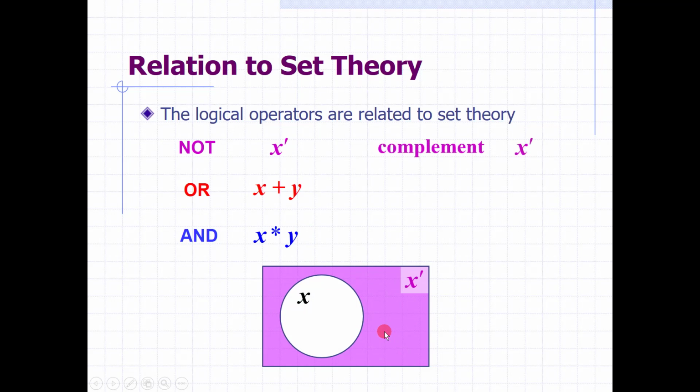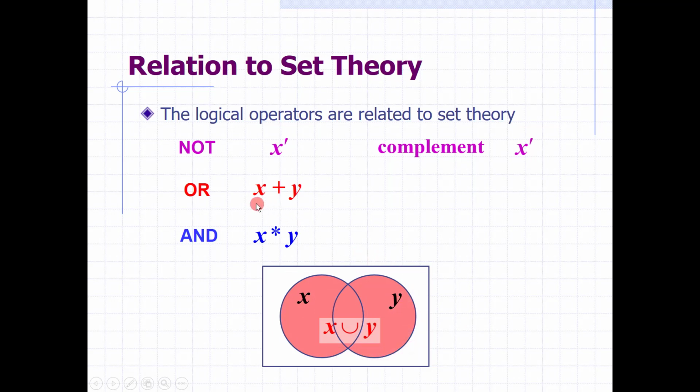So I'll have to include another circle there for Y. For or, we said it's anything in X or anything in Y or anything in both. That's called the union of X and Y. So X union Y.